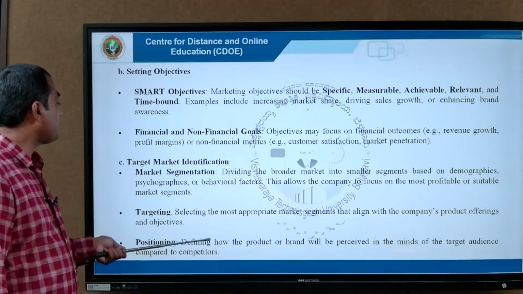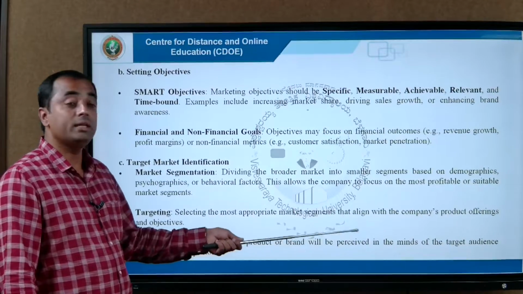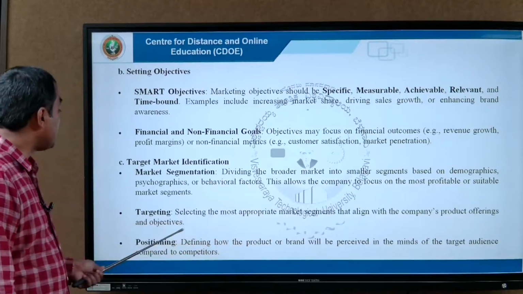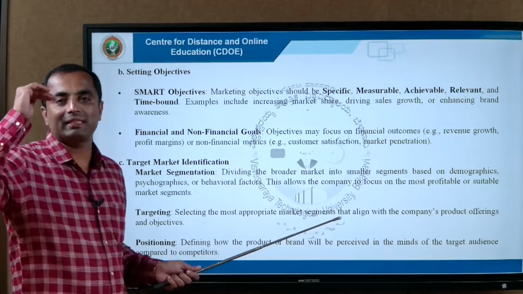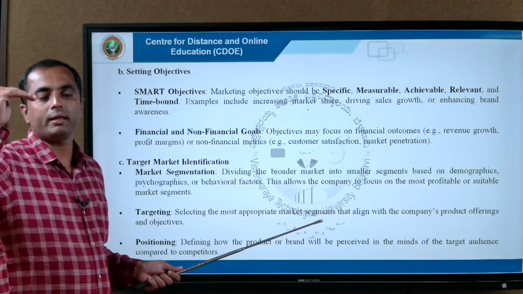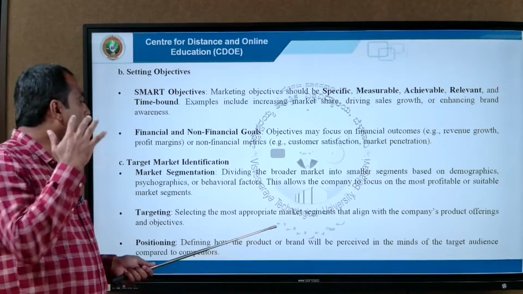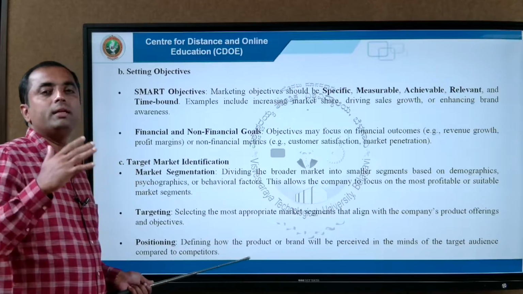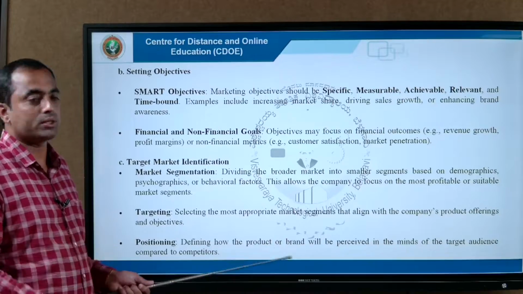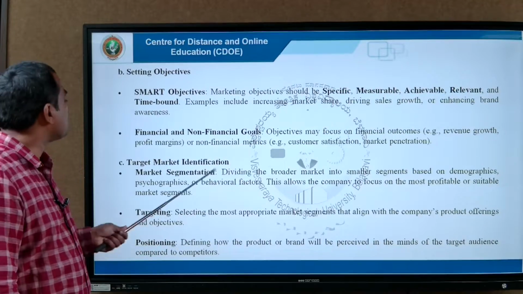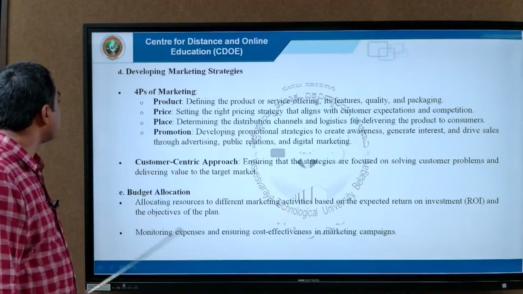Position is about defining how the product or brand will be perceived in the minds of the target audience compared to competitors. How are you going to set your product in the minds of the customer? How are you going to position yourself in the minds of the customers or the potential customers? So that is involved in this target market identification. That is the third step.